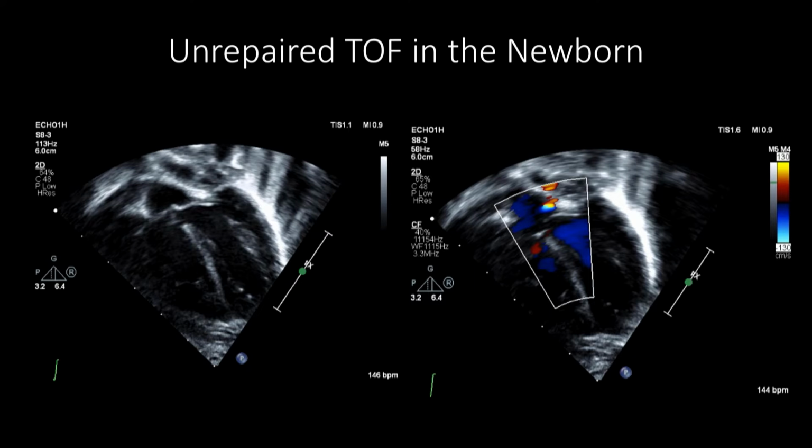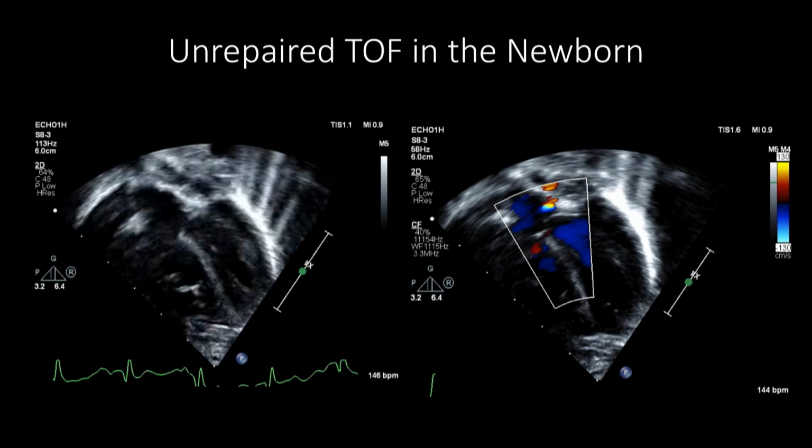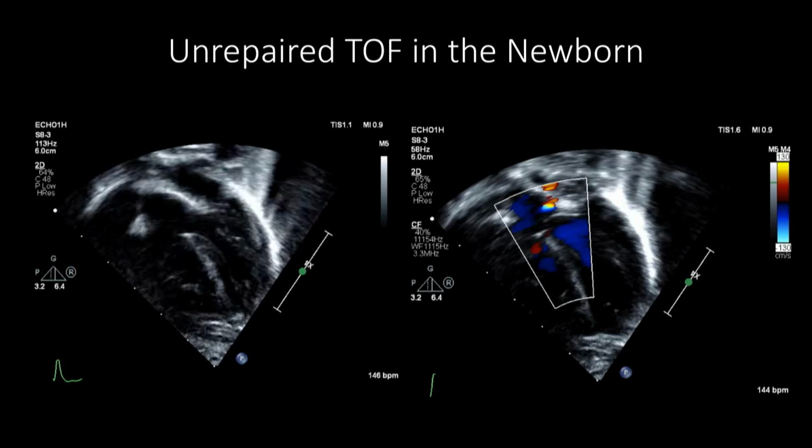I always try to have images with the usual adult cardiology views, but I wanted to show you a newborn. So to help you, for those of you who are not used to looking at pictures like this, just think about them as a TEE, okay? But this is a transthoracic echocardiogram. Just the images are flipped.